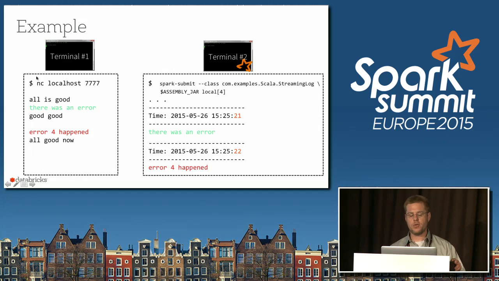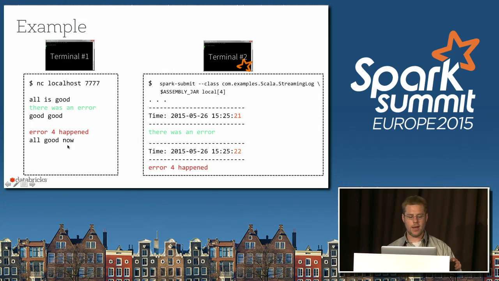If we were to go into our terminal and say run netcat, actually we're missing a couple of command line flags here. If you want to be feeding things in through netcat, I think you need like a -L and K so that it's listening and it doesn't shut down. But the idea is that if we're feeding data in here and over here we run our code that's listening on that same port, we would get these lines coming through and we would only see the ones that passed our filter, right?